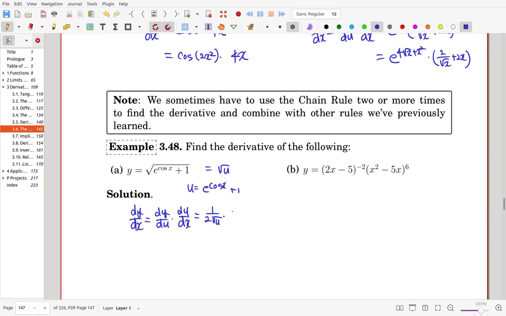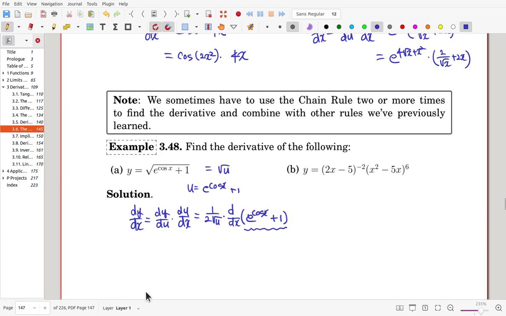That is du over dx of e to the cosine x plus 1. So here again, we have to get the derivative by using the chain rule one more time.